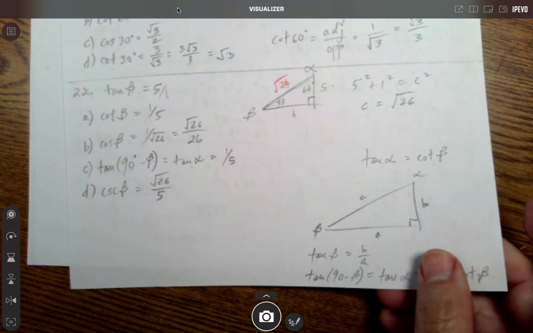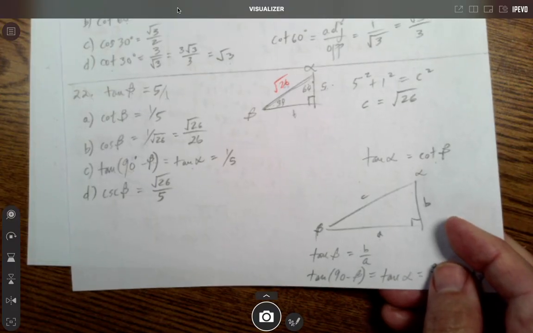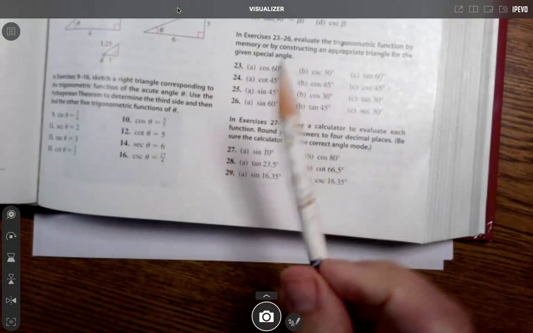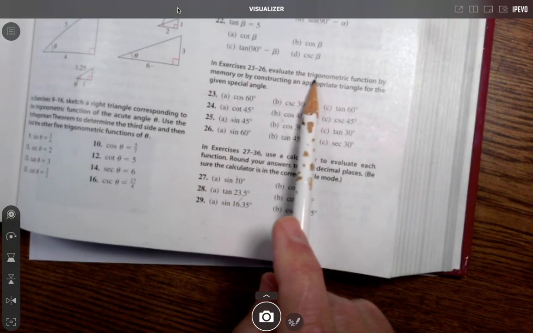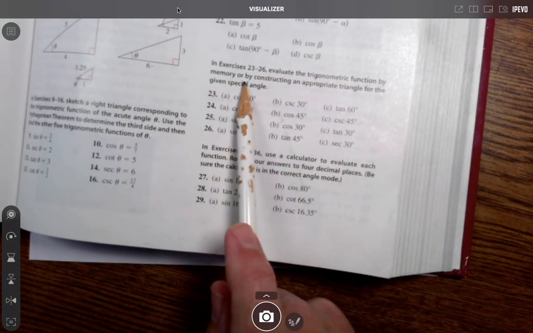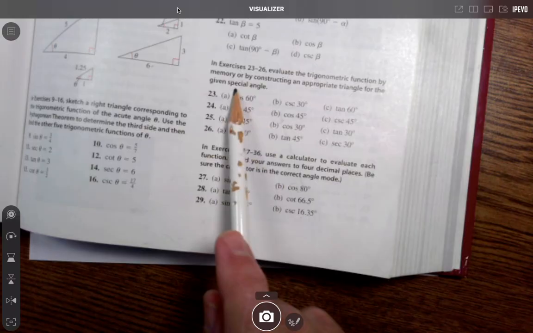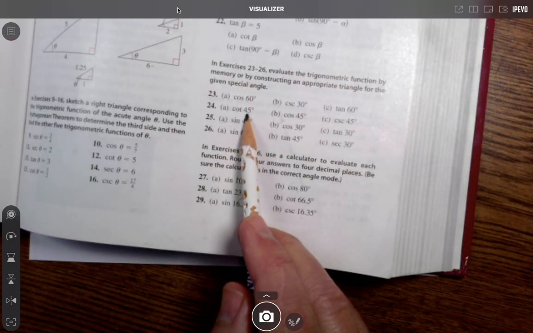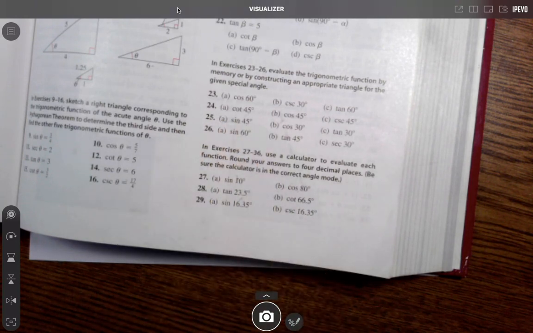It's 24. In the next section, problem 24, it says evaluate the trigonometric function by memory or by constructing an appropriate triangle. So it's the same thing again. What is the cotangent of 45 degrees?